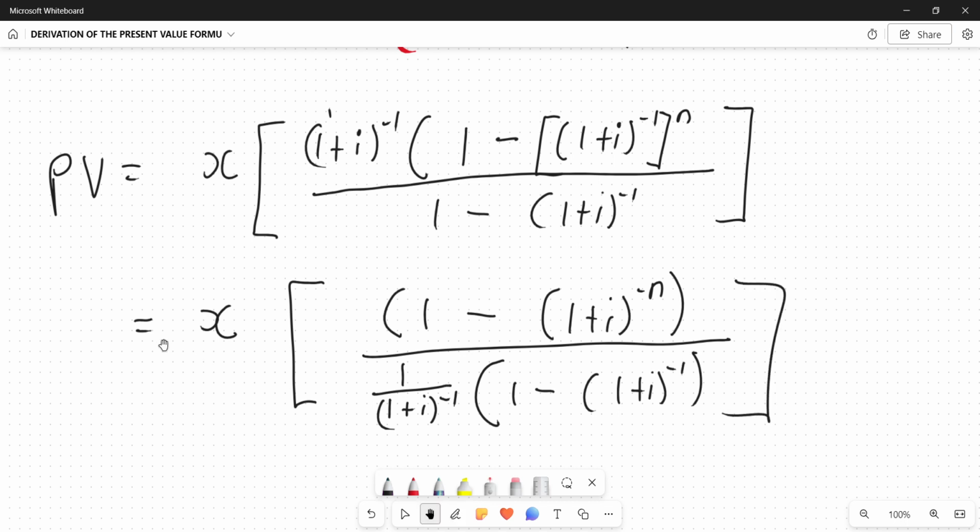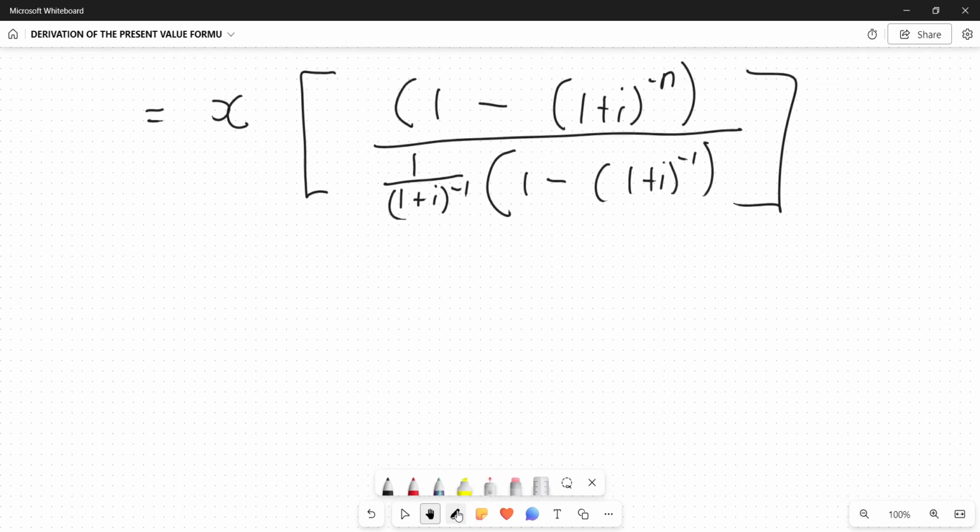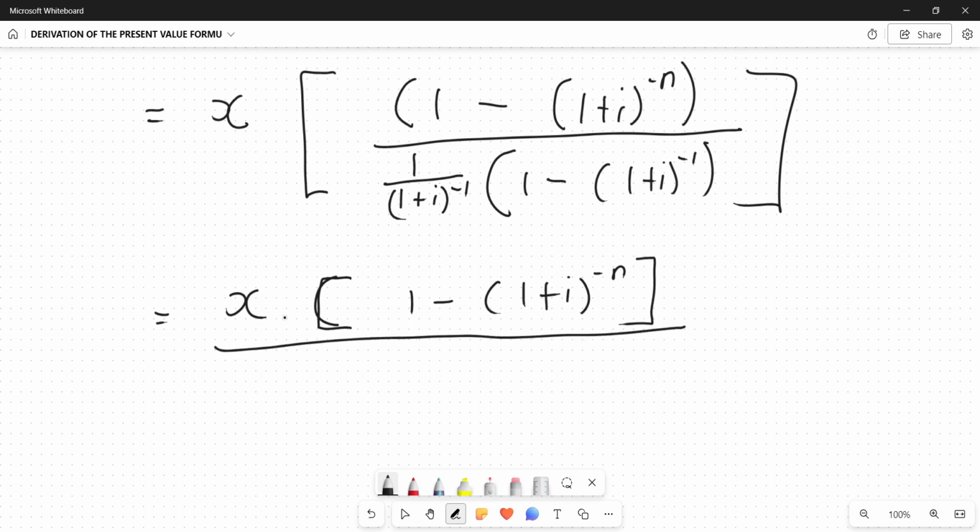So now let's simplify this. So now it will be equal to X into 1 minus (1 plus i) to the power of negative n, all divided by our denominator.